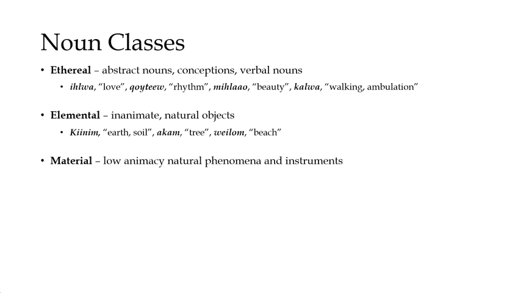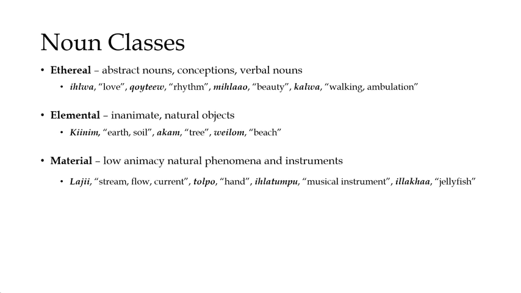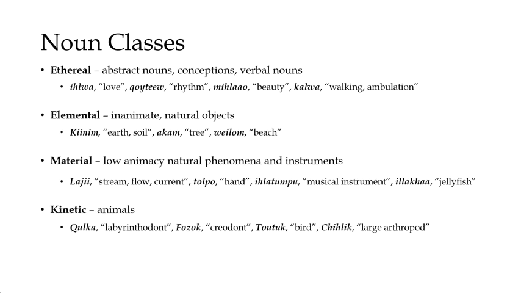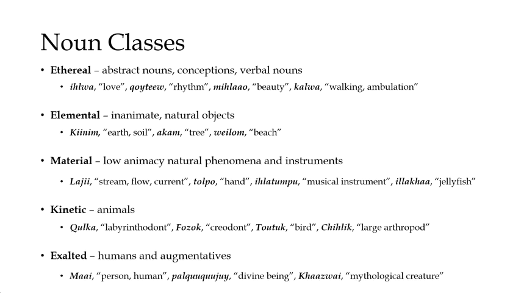Material nouns constitute a whole grab bag of different nouns, including, but not limited to, animate natural phenomena, body parts, instruments, and certain very low animacy animals. Almost all kinetic nouns are animals, but not all animals are kinetic nouns. Finally, the exalted class comprises humans, deities, spirits, and certain culturally important animals.